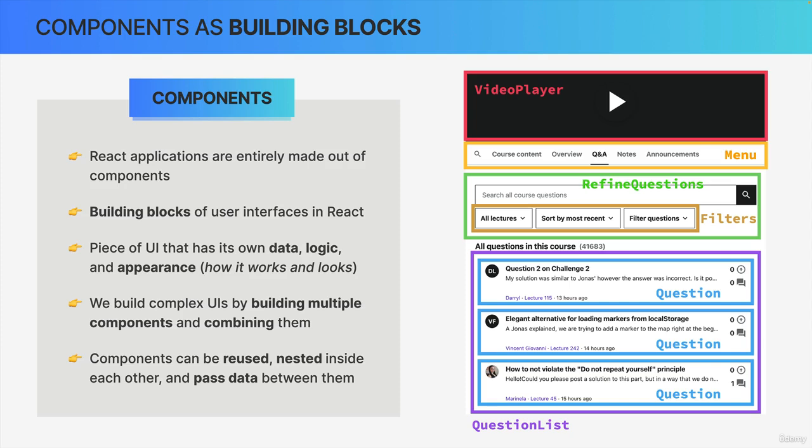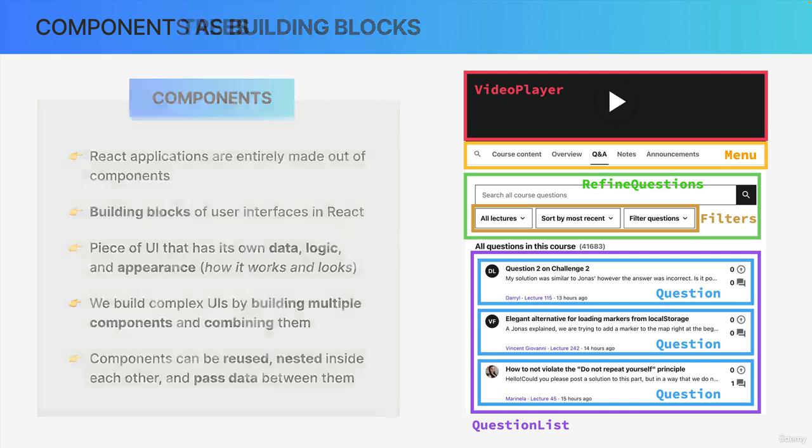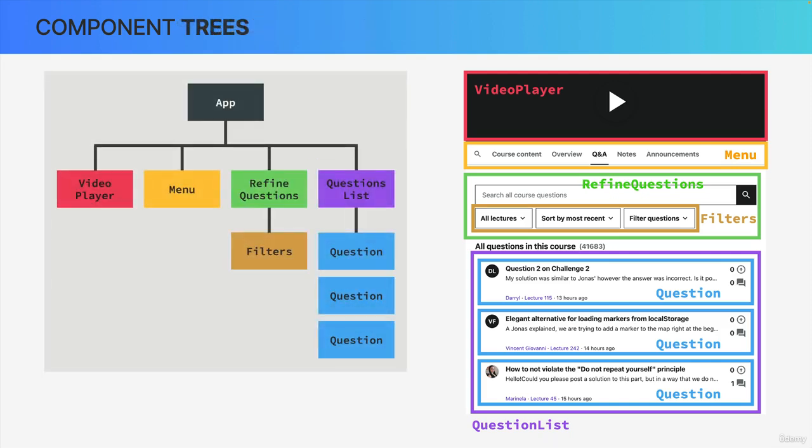Now, one thing that helps with that and with analyzing the components that we create is a component tree like this one. So this shows the hierarchy that exists between the components that make up the user interface. And it makes it really easy to understand how all of these components are nested inside each other and really how they relate to one another.